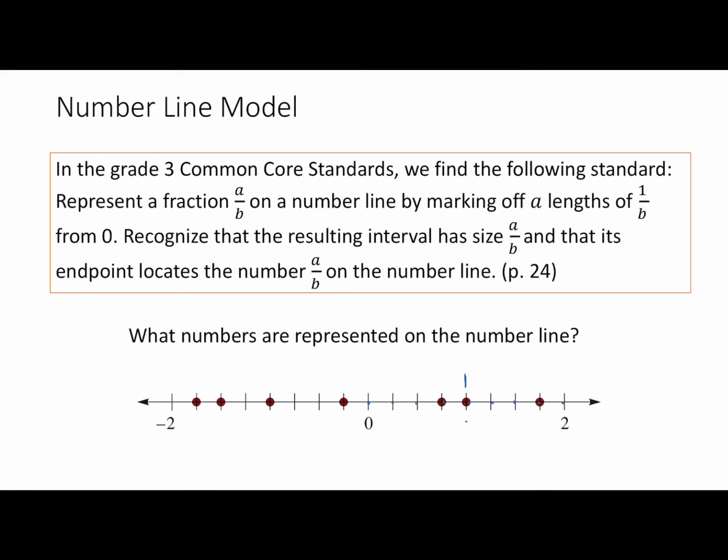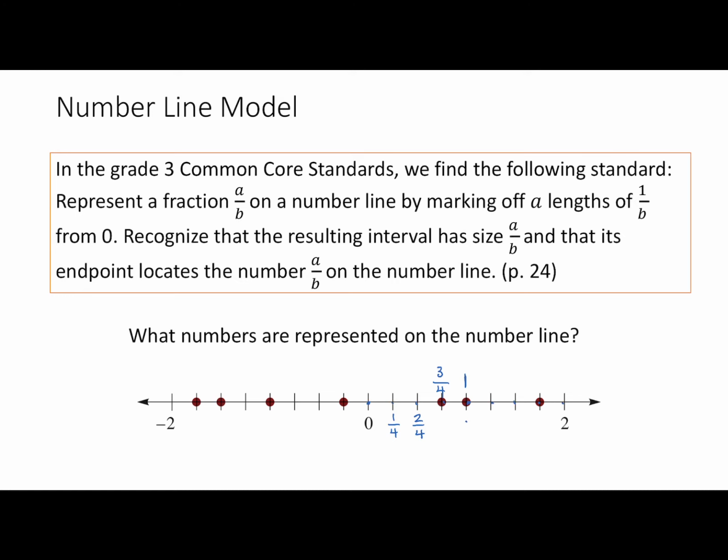And now if I look from 0 to 1, I'm broken into 4 equal-sized pieces. And so then I know that this must be 1/4, this is 2/4, and so this red dot here must be 3/4.